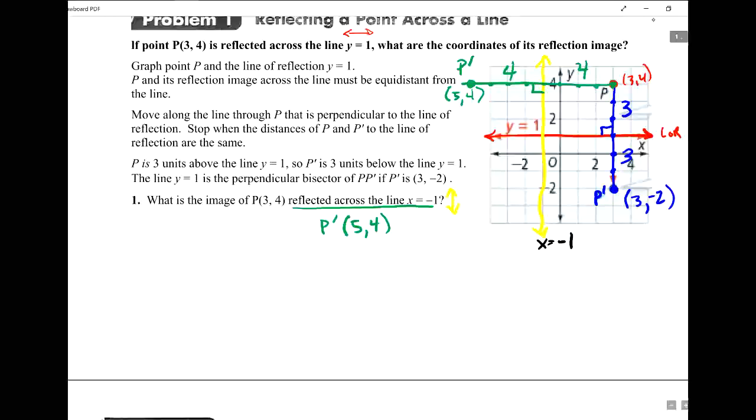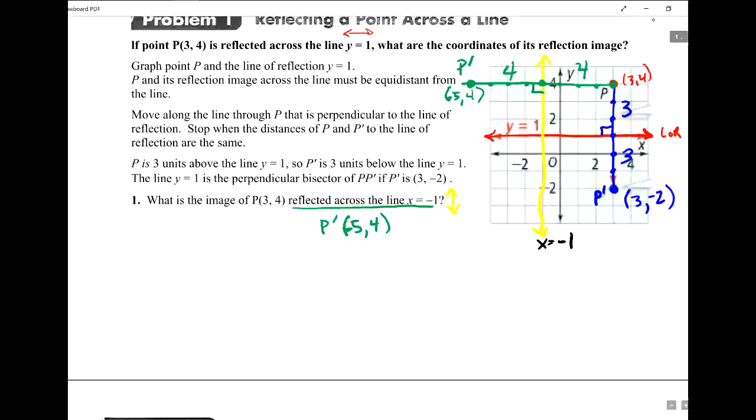So this time I took my point P, and I know that it's going to be perpendicular to my yellow line. So my yellow line is vertical, so I know I need a horizontal line to make it perpendicular. And I move 4 spaces to get to my line of reflection, so I move 4 more spaces. And that is actually at negative 5, 4.